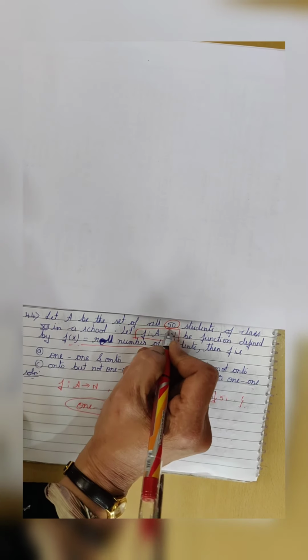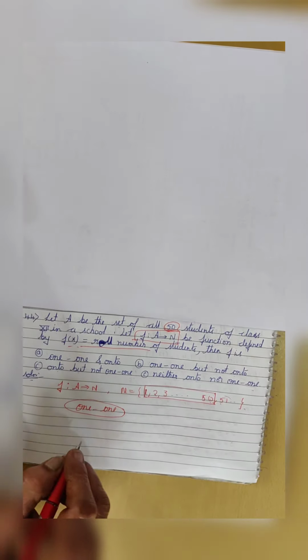Therefore it is 1-1 function but not onto, because we are not extending the roll numbers here since it is restricted to 50 students. So it is 1-1, and no student will have beyond this 50, like 51, 52. So it is just 1-1, and the correct option is B, 1-1 but not onto.